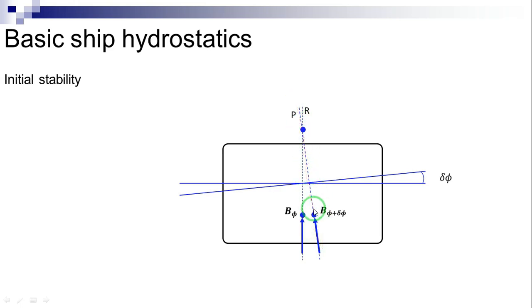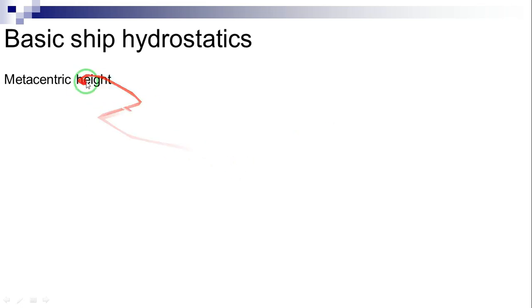When Δφ tends to 0, the intersection of the lines r and p tends to a same point, which is called metacenter. Thus, the metacenter is the center of curvature of the curve of centers of buoyancy.